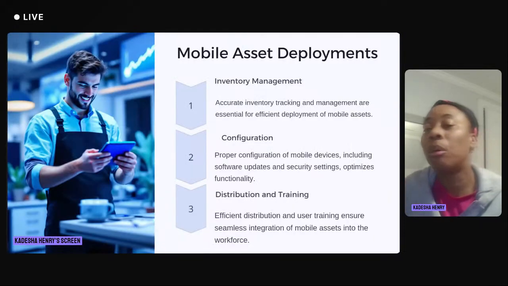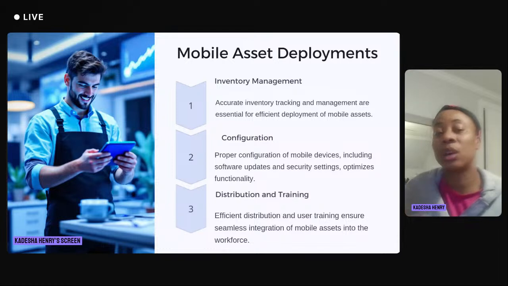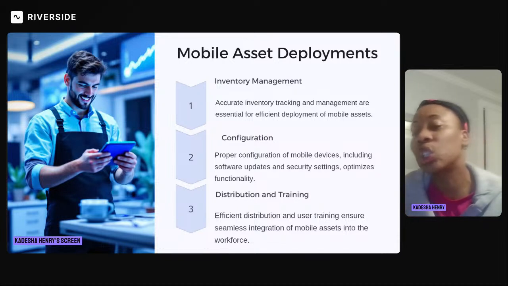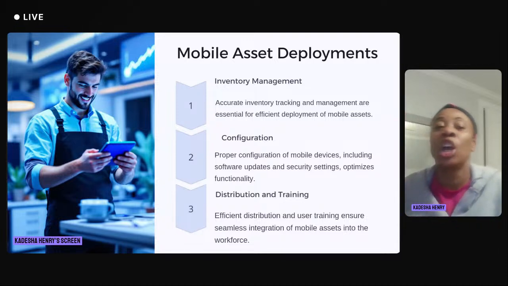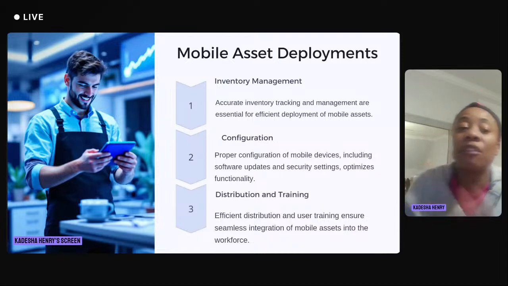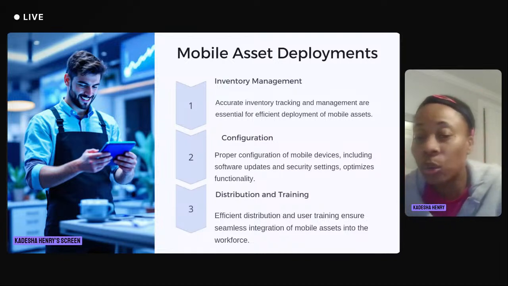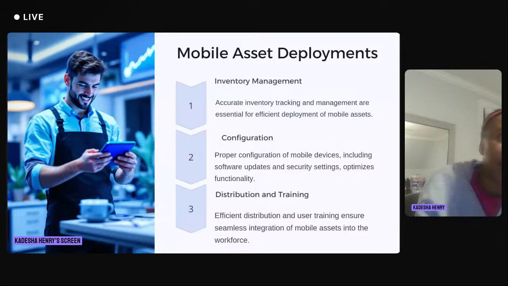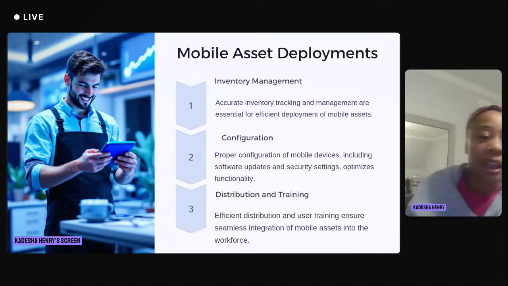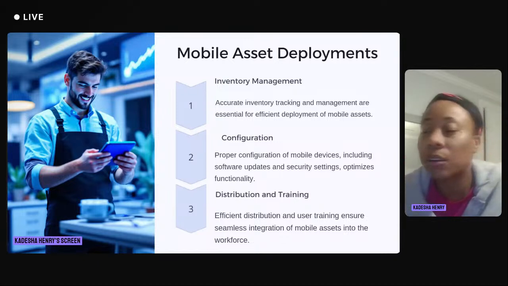So we looked at the mobile asset deployments, and we said we have to have proper inventory, because proper inventory tells us how much we have at hand. So we don't want to run into a situation where we're giving out devices, we're not tracking who we give them to, people are coming back saying that they lost theirs, there's no tracking on anything. We're just freestyling.